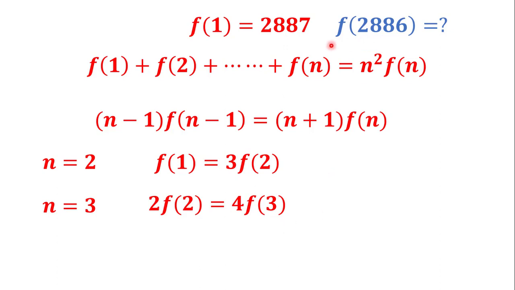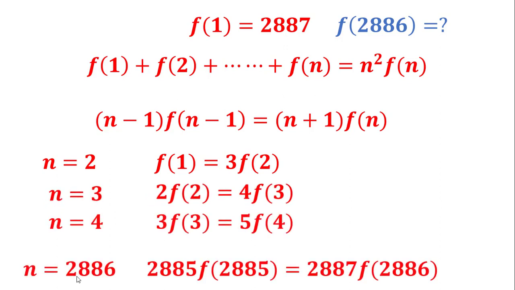Notice that we want to find the value of f(2886). So we need to continue this process to n equals 2886. We can put n equals 4 up to 2886.